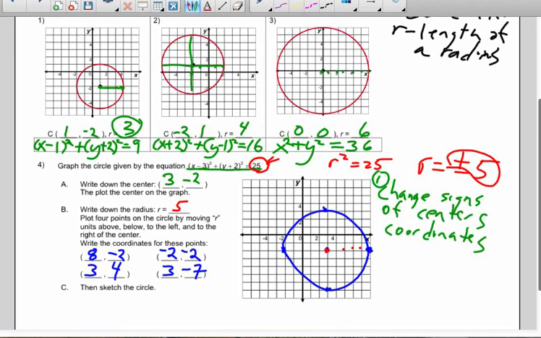And you have to remember to square the radius.